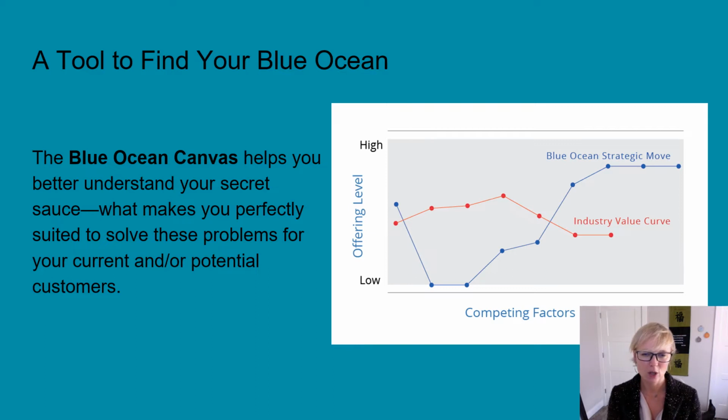And you'll notice on this graph that the red curve is the one where there are the red dots that stop short of the end of the graph on the horizontal axis, and the blue curve is one that continues, and those added points are points of differentiation where you've built some new kind of unique value compared to your competitors. And we'll go a little bit more in depth with an example.